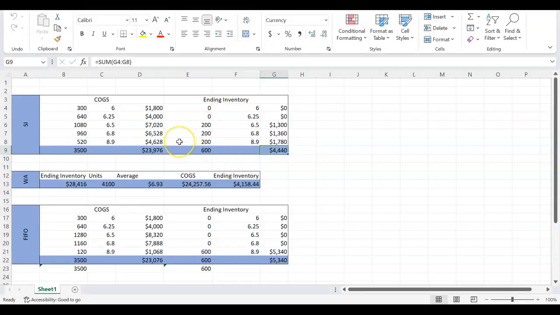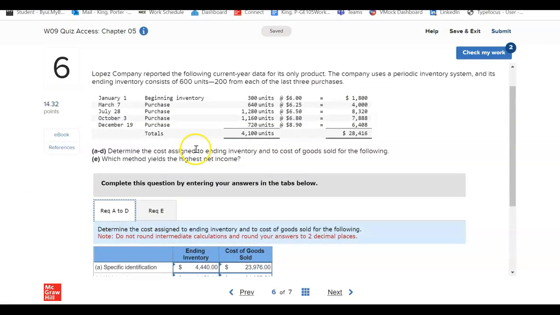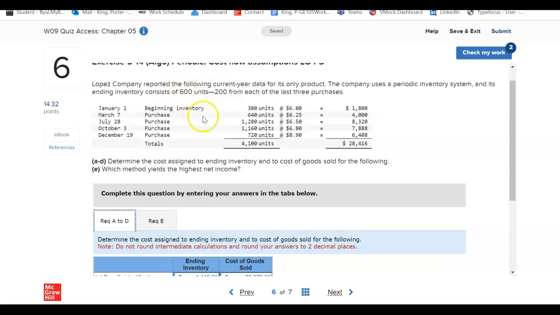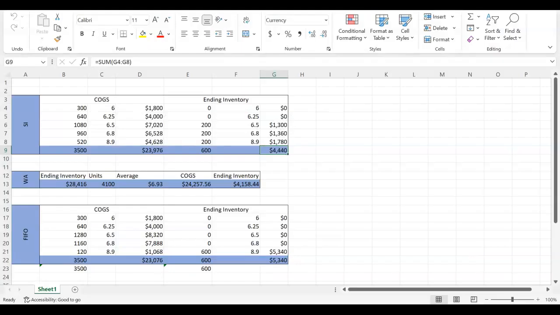And to figure out the cost of goods sold, we took our number of units here and we subtracted 600 because that was our ending inventory, and the number of units sold was 3,500.